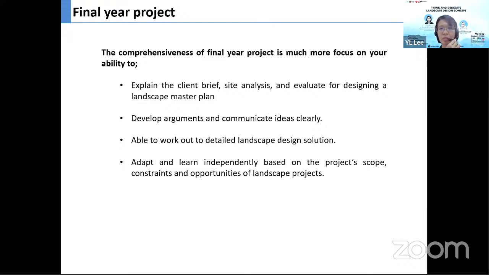The design solution should be specific, which means that the project is based on your theme. Let's say if you deal with a low carbon project, you need to understand low carbon theory as well as green buildings. You need to have that knowledge as well. It is more like applying technical knowledge besides your design skill. This is very important for final year students.